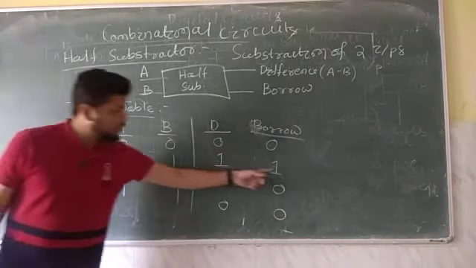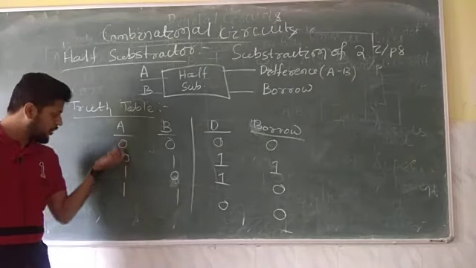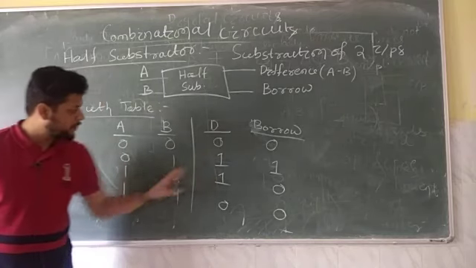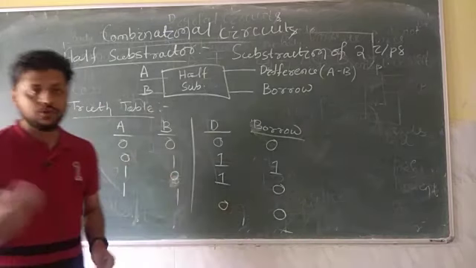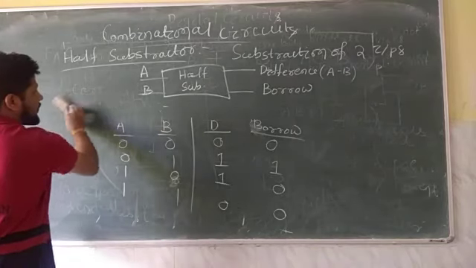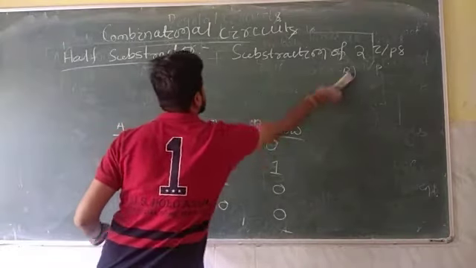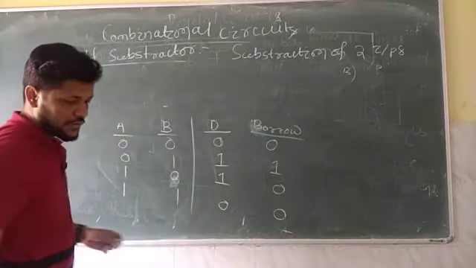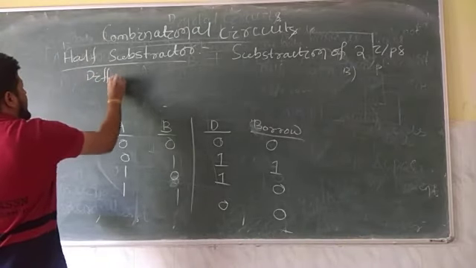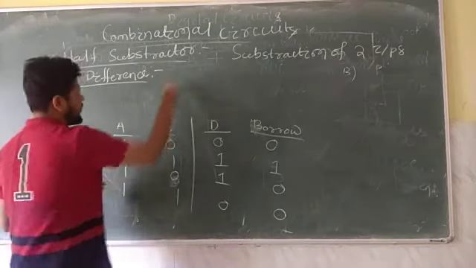So borrow will be 1 only when A is smaller than B. So only one combination is present here. And difference is 1 for 2 combinations. So now we are going to write the logic expression for difference and borrow. So how can we write the logic expression?